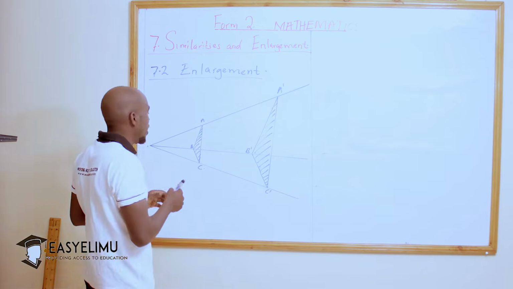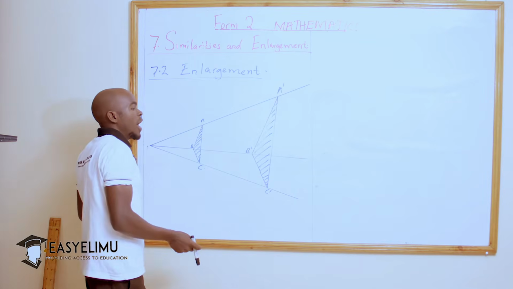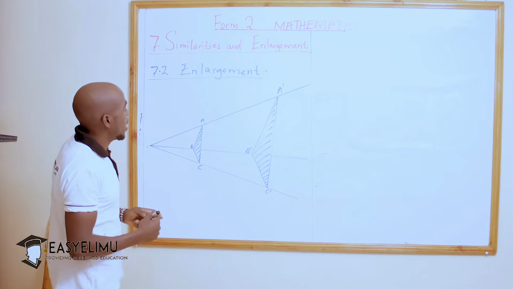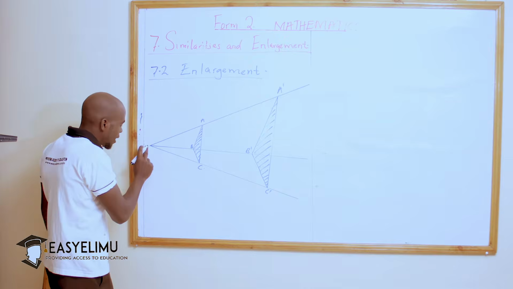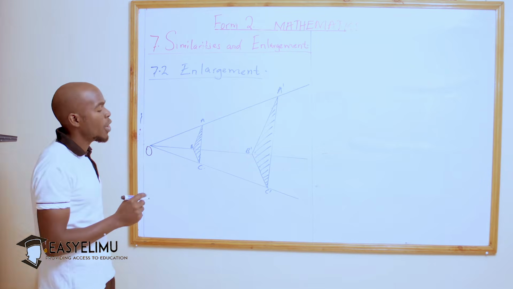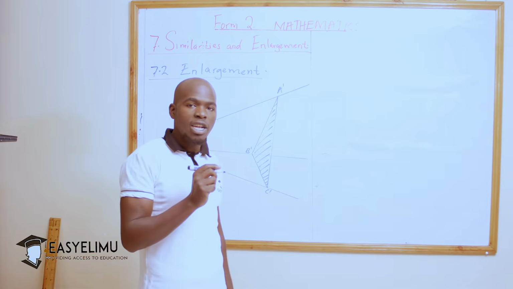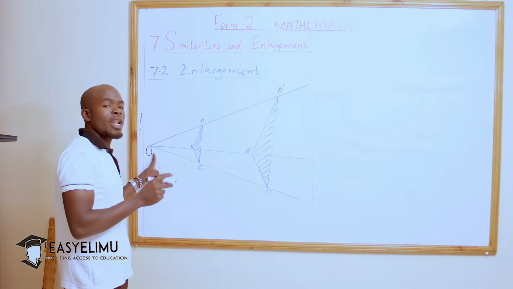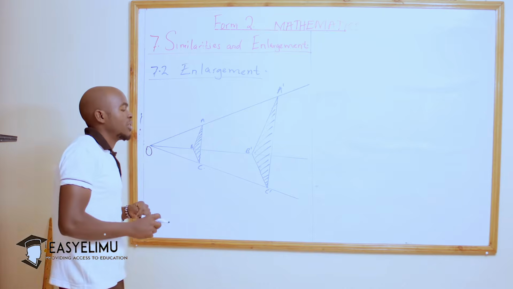For example, here ABC is the smaller figure and ABC prime is the larger one; this is the image of the other because it has primes. Taking this point as the center of enlargement, we call the point where the lines joining the vertices of the image and the object meet the center of enlargement.